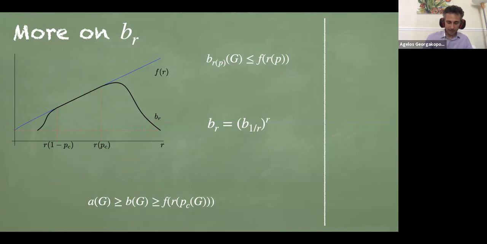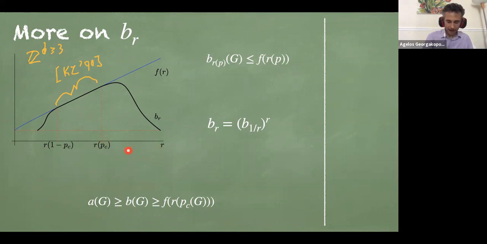I'm talking now about percolation on Z^D with D at least 3. And we know by a result of Kesten and Zhang that exponential decay fails in the interval between PC and 1 minus PC. So this here is PC.